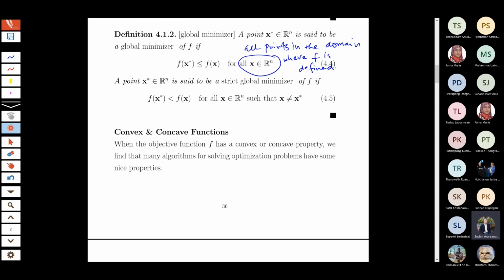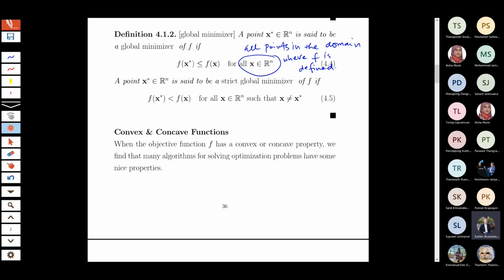Now we move to another topic. You will find that in optimization, when the objective function f has a convex or concave property, many algorithms for solving optimization problems have some nice properties, and the optimization problem is easier to solve than when the function f is neither convex nor concave.